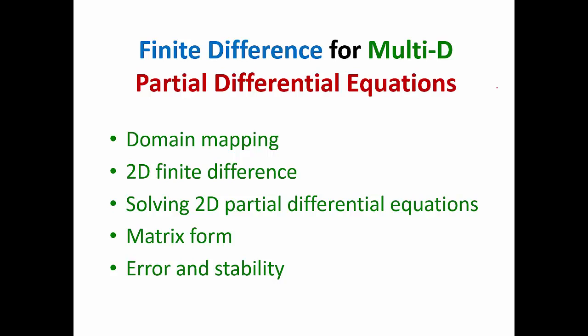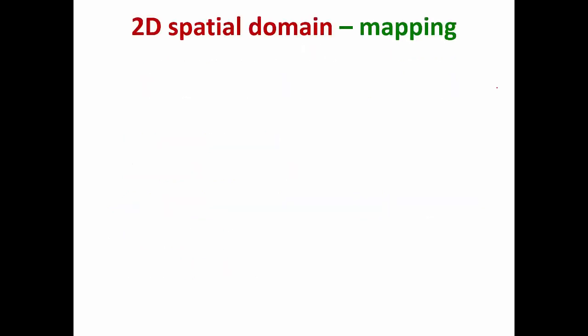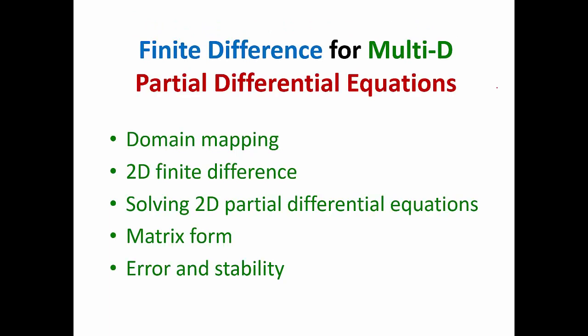It may even be pretty complex. We're going to learn pretty soon that finite difference is not very good at dealing with very complex geometry. But it can deal with geometry that is more than a rectangle. And that is through domain mapping. Alright, so that's what we're going to talk about first.